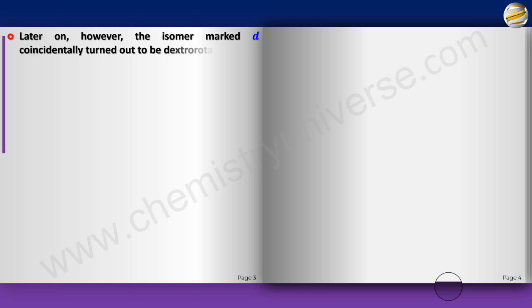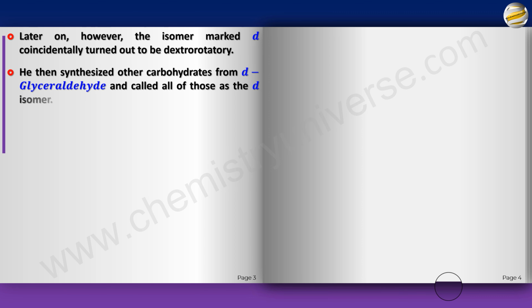Later on, however, the isomer that he had marked D coincidentally turned out to be actually dextrorotatory. That, of course, was a coincidence, but he was not interested in that. He then synthesized other carbohydrates from the D-glyceraldehyde and called all of those D isomers. So, glyceraldehyde is the simplest form of carbohydrate, sugar.